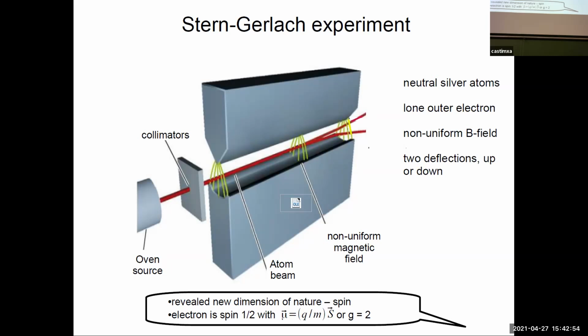So the experiment is very simple. There's an oven here on the left that produced a beam of silver atoms. Now the atoms themselves are neutral, so it's neutral particles going through the magnetic field.